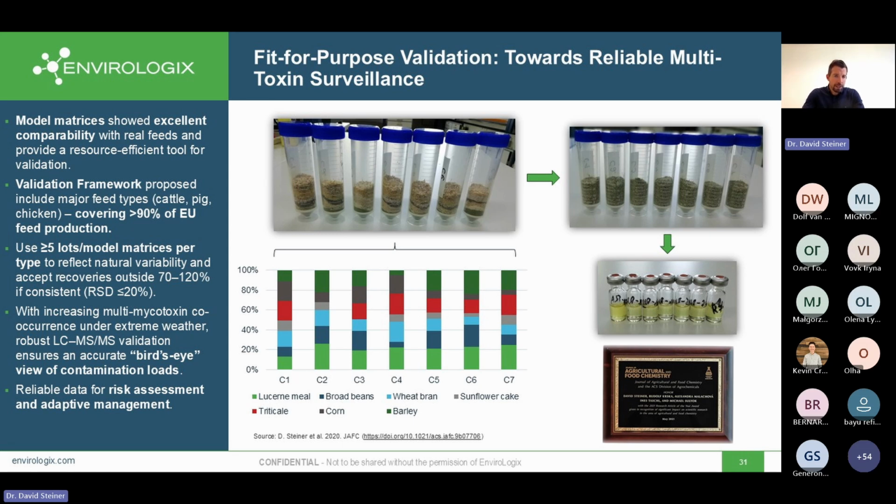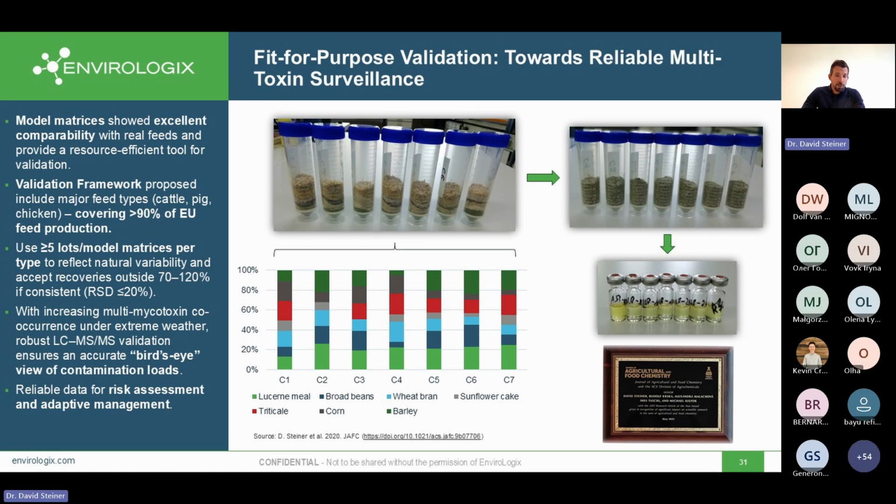And in other words, an absolute matrix effect can exceed the typical 20 to 30% suppression or enhancement in the LC-MS system. What matters is that these effects, together with the extraction efficiencies, remain consistent and reproducible across samples. And this actually ensures that even with larger matrix influences, the overall method performance is reliable and the result can be interpreted with a very high confidence.